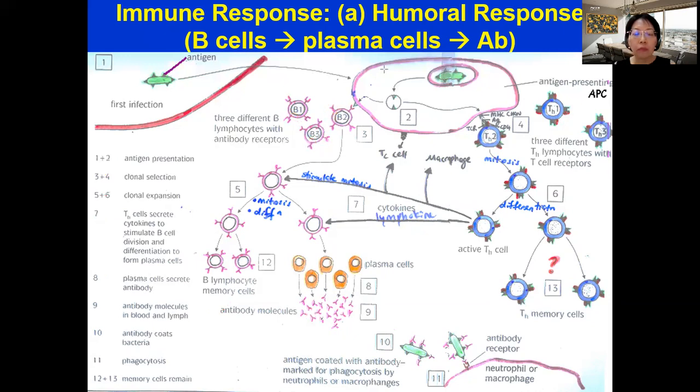Okay. So after antibody is secreted, what's next? The antibody will then circulate in the body, because it's secreted into the tissue fluid, into the blood, into the lymph, so it continues to circulate between these three fluids in our body. And then when it encounters the same type of antigen, it will be able to bind to the antigen.